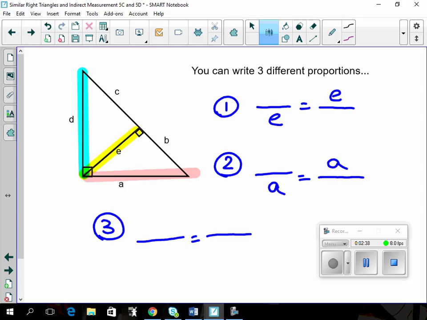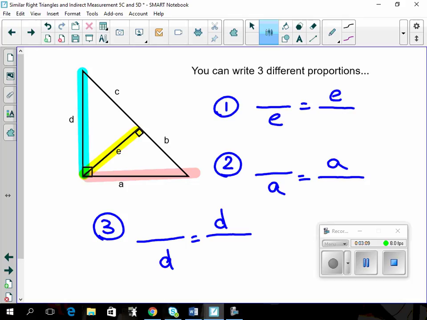Whatever number or letter is associated goes there and there. And then what do you think I'm going to do with the D as my 3rd case? Same place. They're actually called geometric means. Not that that matters, I'm never going to ask you that, but in case you are interested, it's a geometric mean between 2 things, okay?